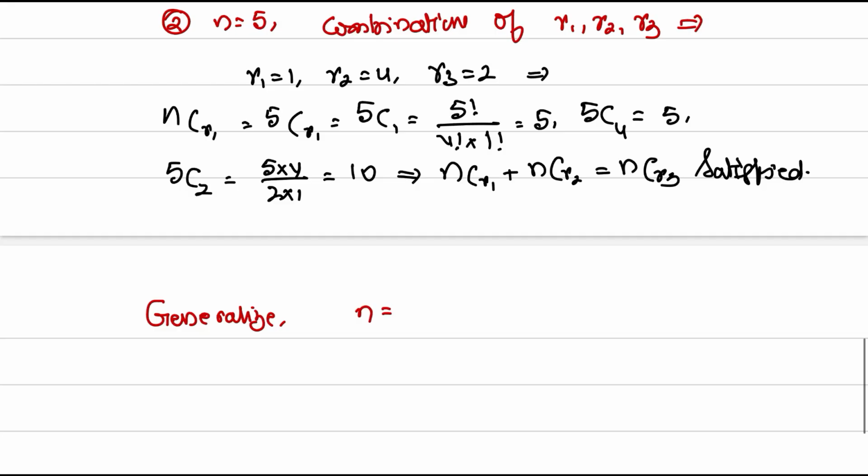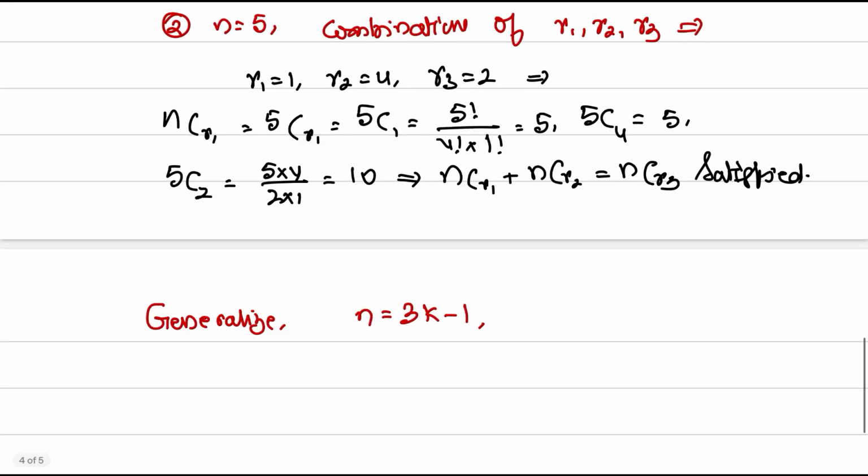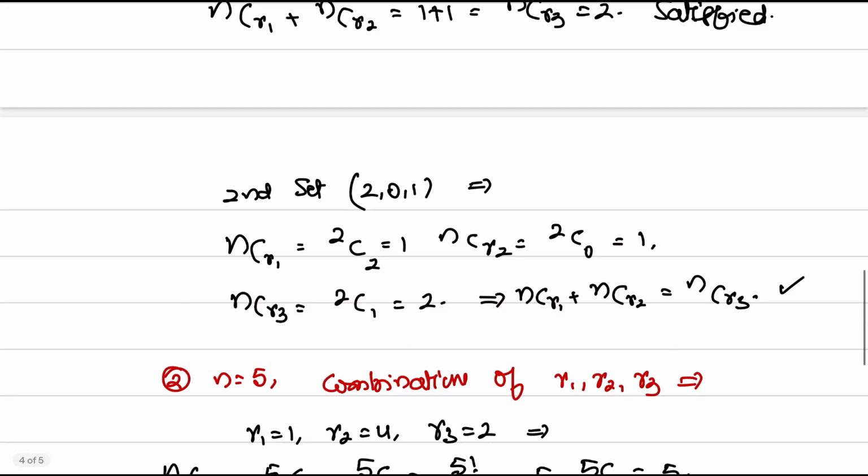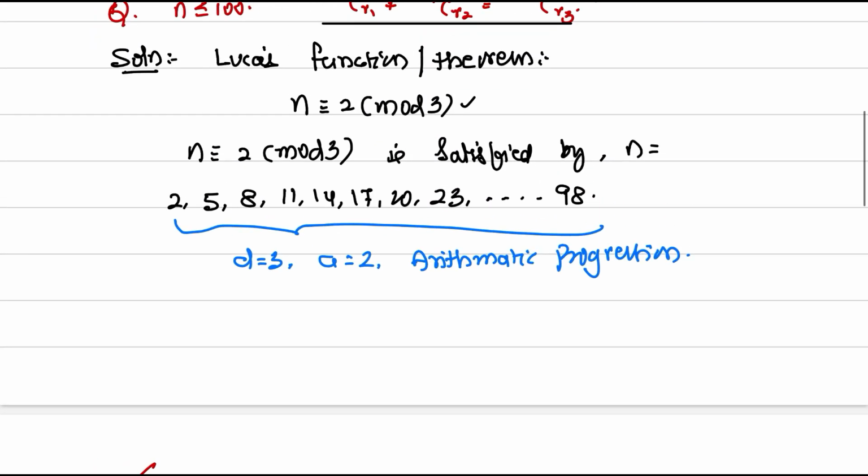Can we write n is equal to 3k minus 1 for k is equal to 1 to 33? Can we get the same values? For example, k is equal to 2, 6 minus 1, 5. K is equal to 3, 9 minus 1, 8. These are all the numbers which satisfy this equation.